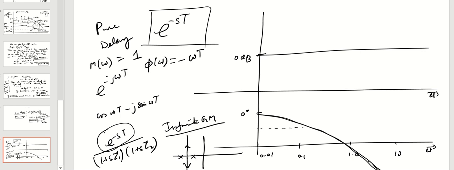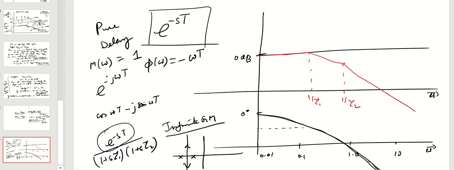So what does this essentially introduce? Now suppose you have the original transfer function, something like this. So this is the pure delay. And the original transfer function was, let's say, something like this, and this, and this. So this is, let's say, 1 by tau 1, and this is 1 by tau 2.